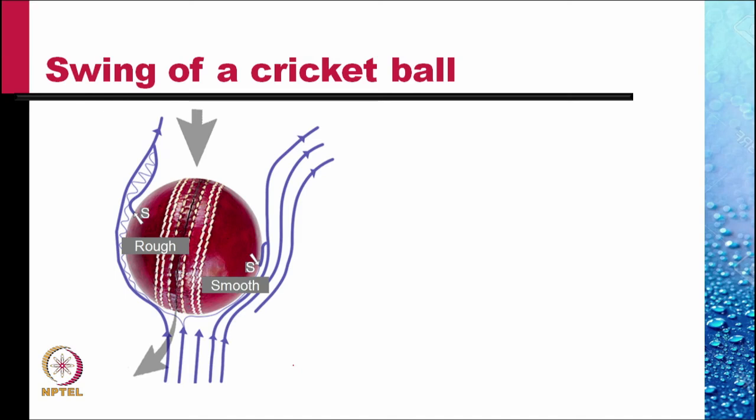On the right side, which is the smooth side, the ball does not meet the seam, and so the transition does not occur. It's a smooth side, so the flow remains laminar. And because the flow is laminar, the separation takes place early.